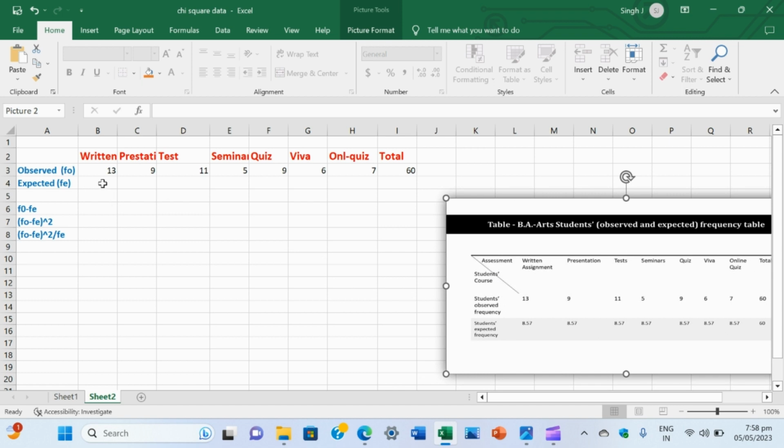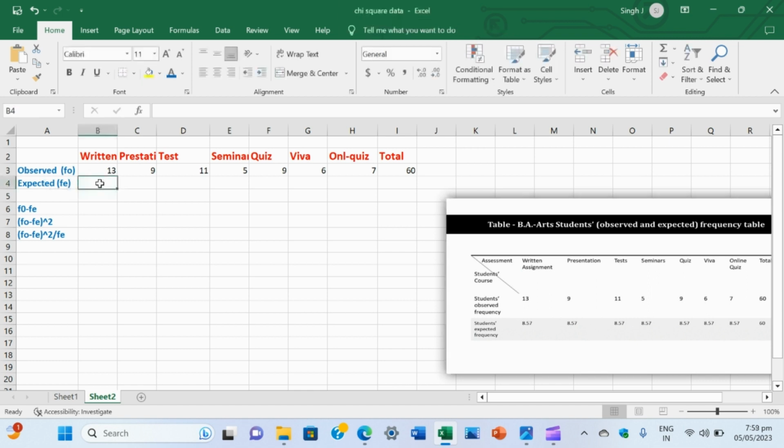In the first row, we put the values of the frequencies, that is 13, 9, 11, 5, 9, 6, 7. For the expected frequency, in the fourth row, we find the average of all these frequencies, which will be considered the expected frequency.